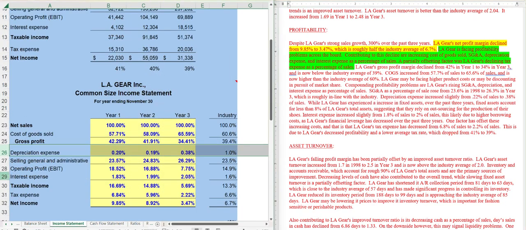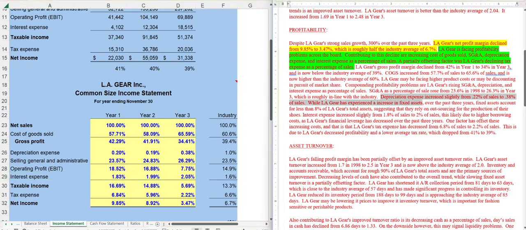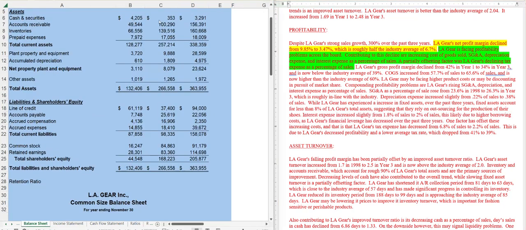Recall our interest expense as a percentage of sales went from 1.83% to 2%. So there's our sentence. Interest expense increased, and that's going to likely be due to higher borrowing costs because if you recall, overall, our financial leverage has gone down. Specifically, if you look at our balance sheet, you can see the big increase in our line of credit.